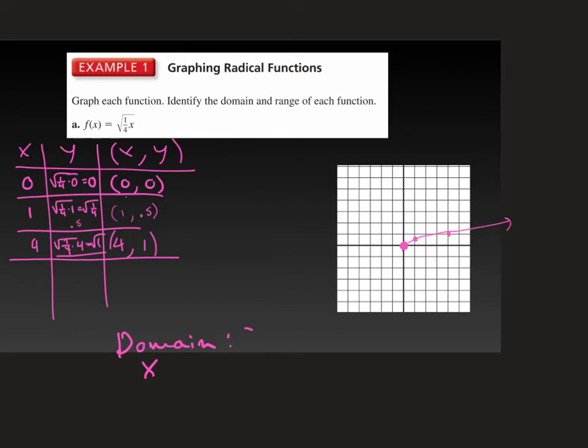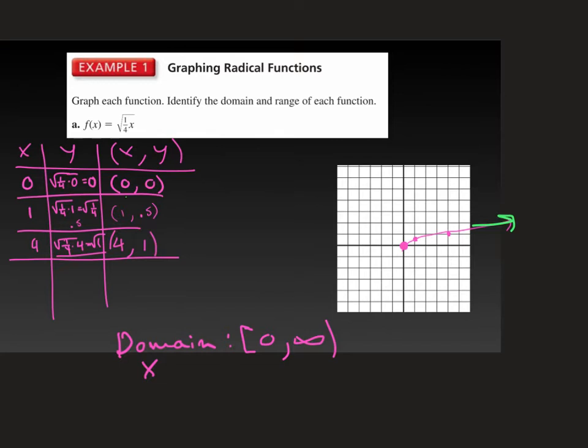So our domain goes from 0, and then what's the largest x value we can plug in? Infinity. We can plug in as big of a number as we want. Our graph goes forever in the right direction, so our x values continue to grow and grow and grow. So our domain goes from 0 to infinity.